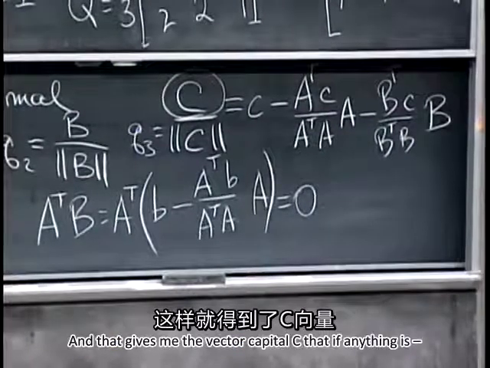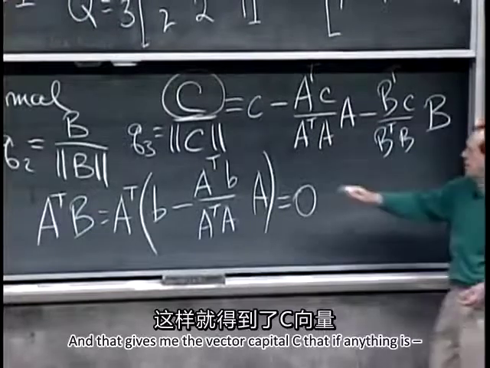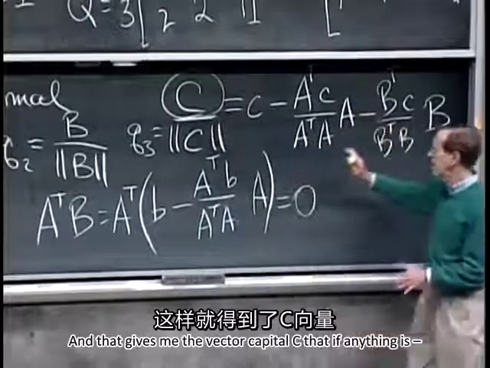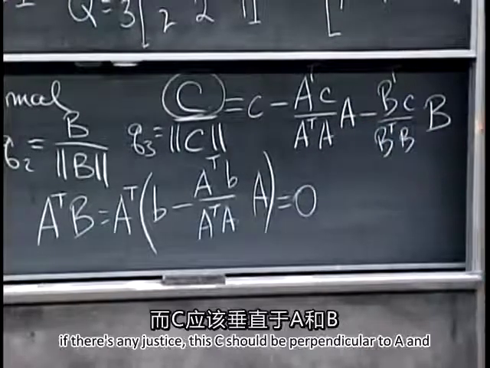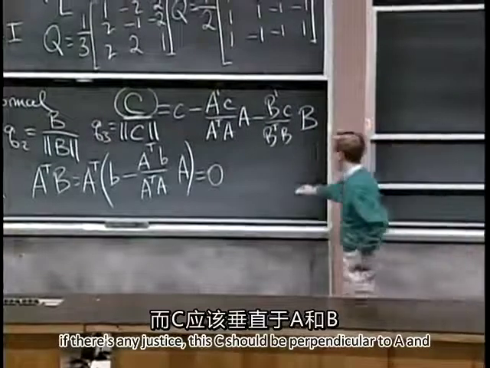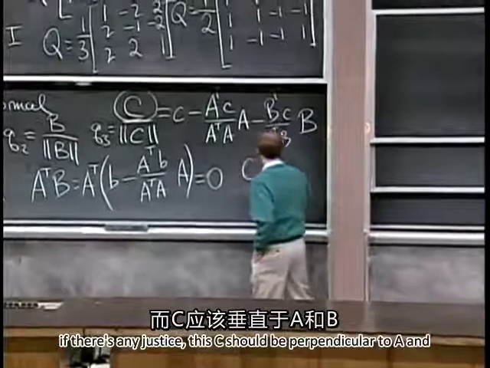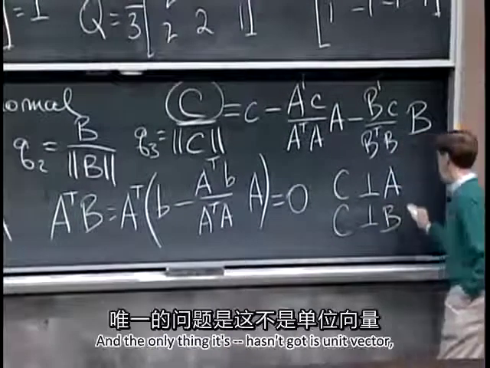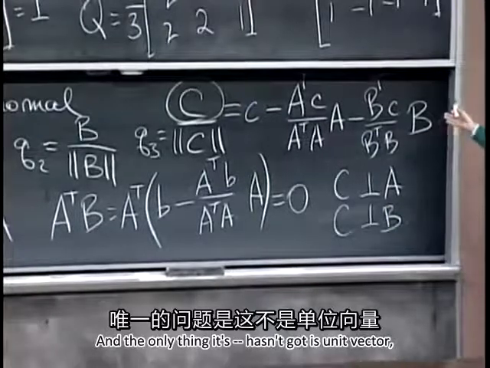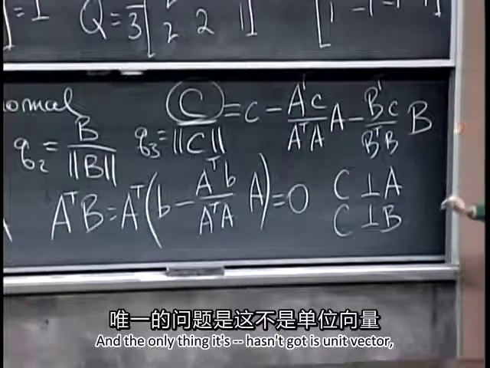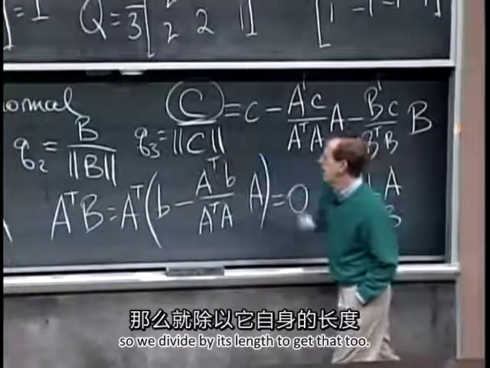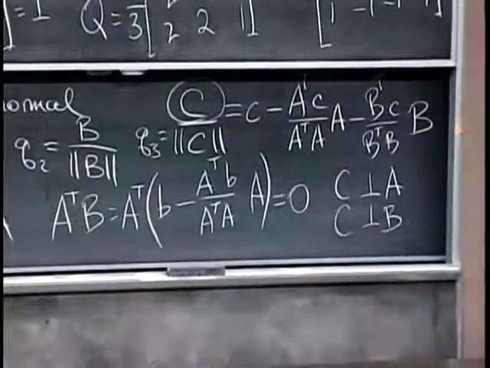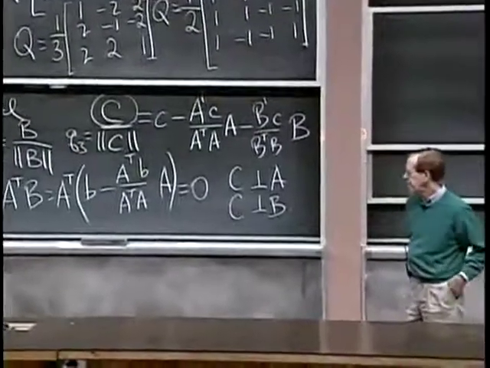And that gives me the vector capital C that, if there's any justice, should be perpendicular to A, and it should be perpendicular to B. And the only thing it hasn't got is unit vector, so we divide by its length to get that too. Okay.